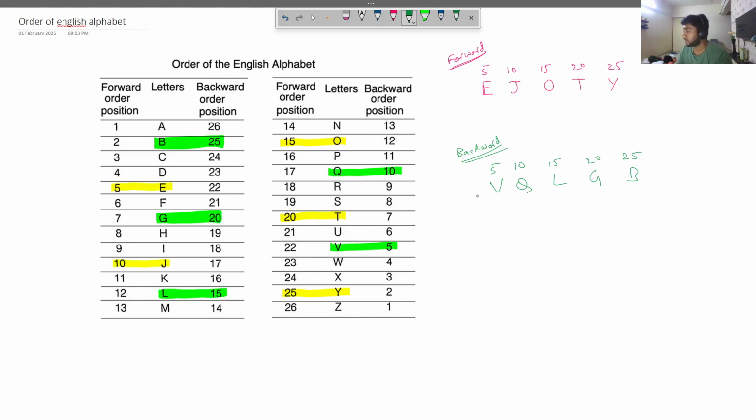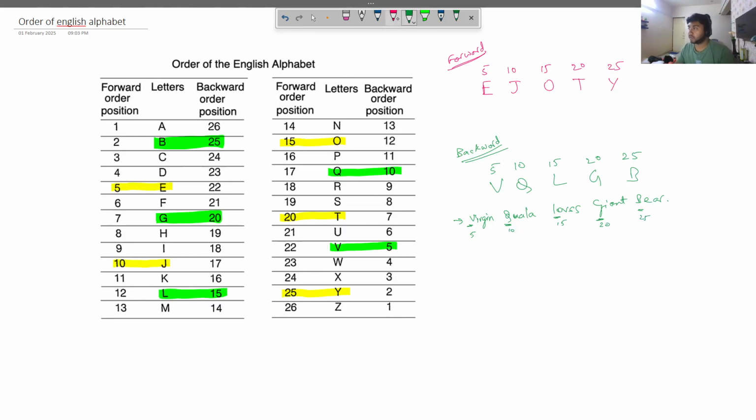To remember the set of letters backward, I remember this by "Virgin koala loves giant bear," where V, Q, L, G, and B are the letters that I need to remember. V, Q, L, G, B, and they are the 5th, 10th, 15th, 20th, and 25th letters.